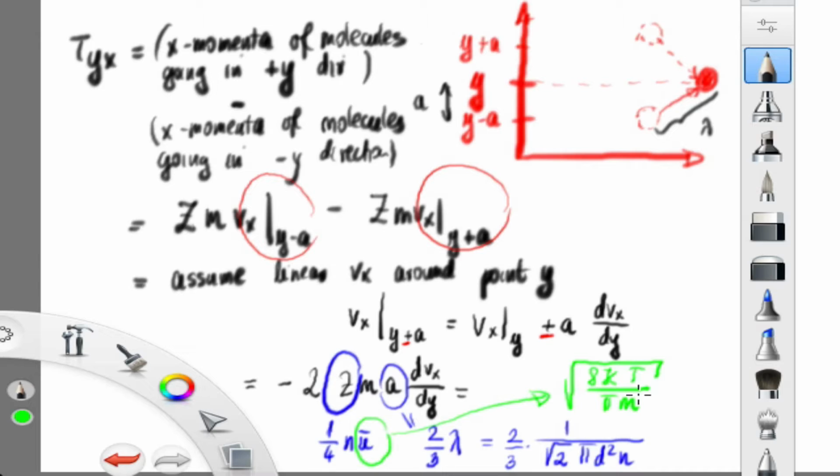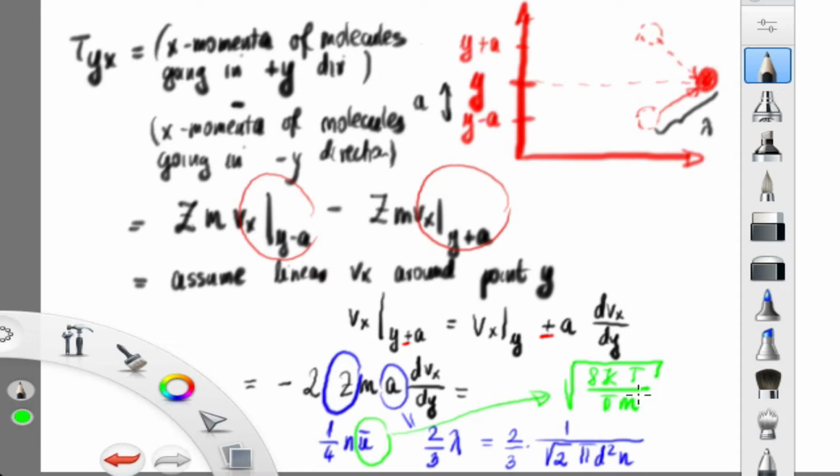That comes in here. So essentially, I have nothing in here that is a function of Vx. It's only a function of molecular characteristics: diameter, mass, temperature, and constants such as P and kappa. And number density of the fluid, which is ultimately related to the density of the fluid, right?